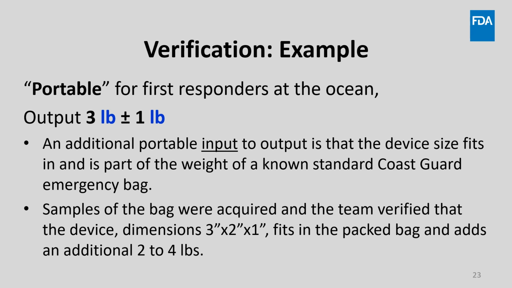Therefore, to understand how the device will fit in with other equipment, a Coast Guard health service technician was contacted for assistance. They provided information as well as samples of a standard Coast Guard emergency bag. The team then verified the device with a dimension of 3 by 2 by 1 fits into the packed bag, adding 3 pounds plus or minus 1 pound.